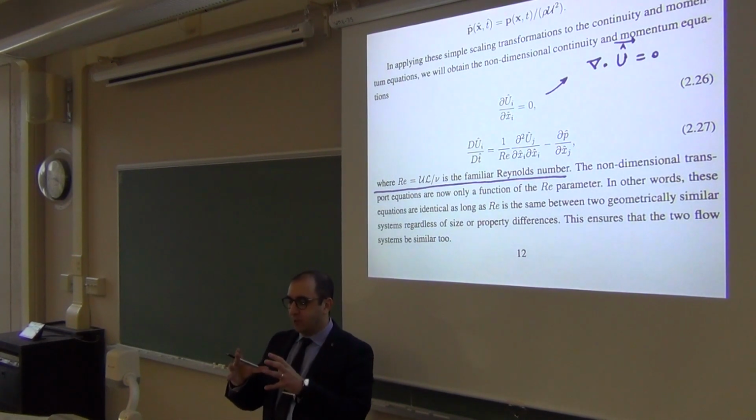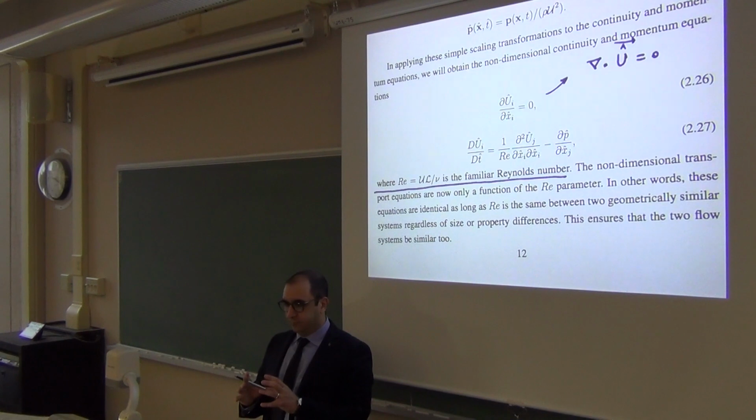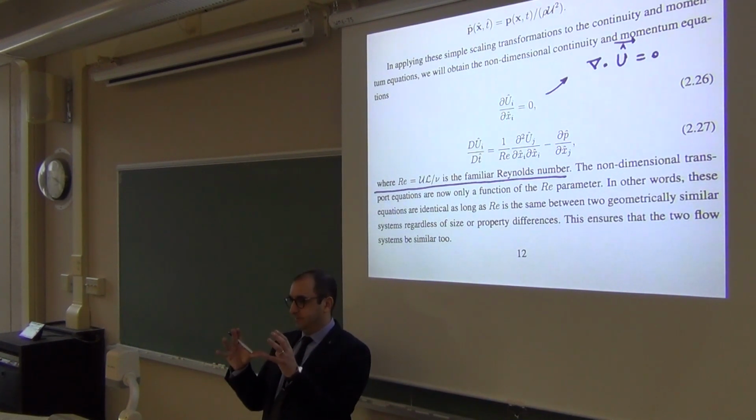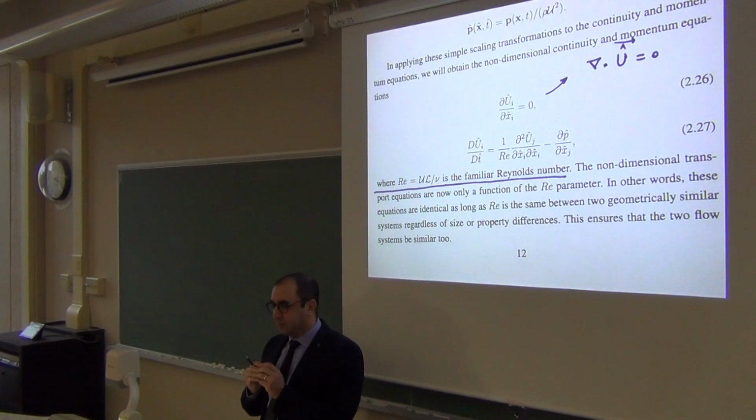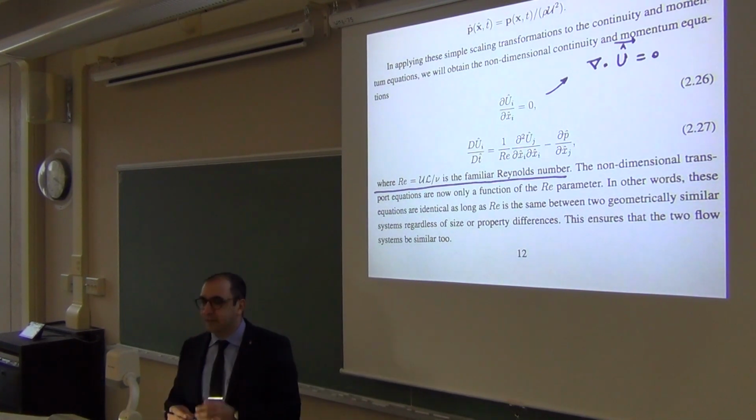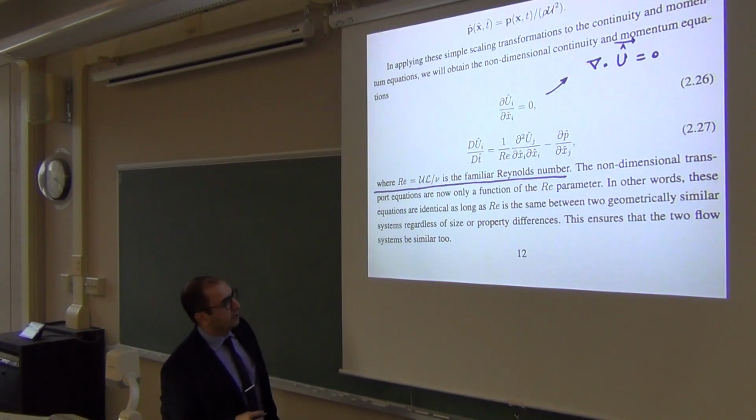I make a small-scale replica of this room, like this big. If I can manage to have the same Reynolds number between the actual room and this small room, same geometry, same similarities, then the flow will move in the same way between the two.